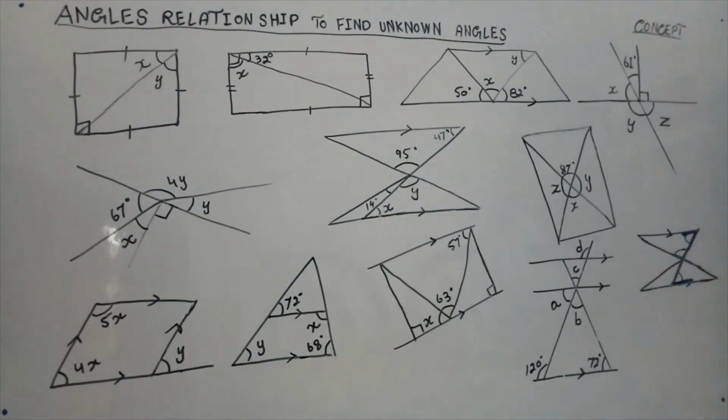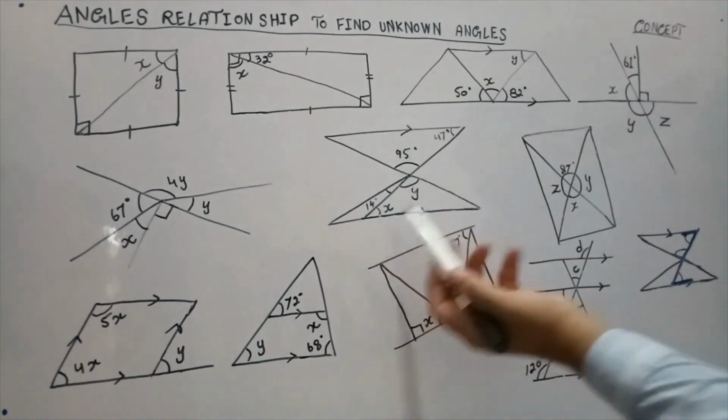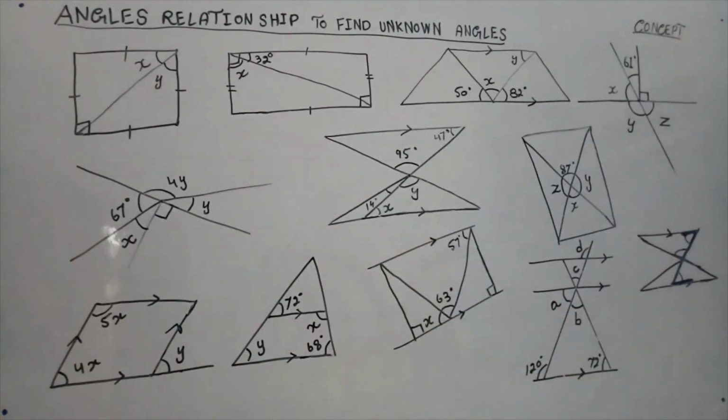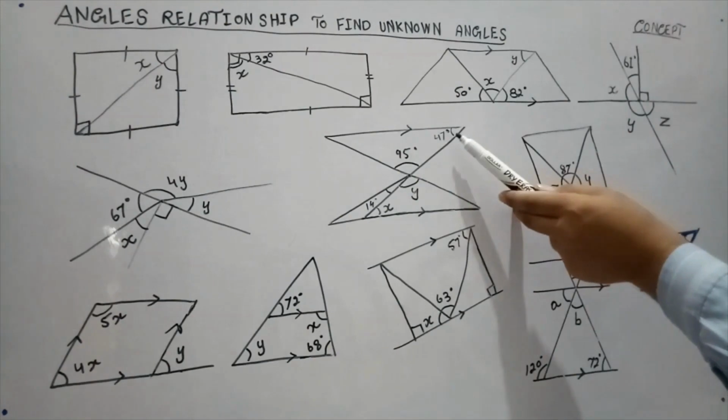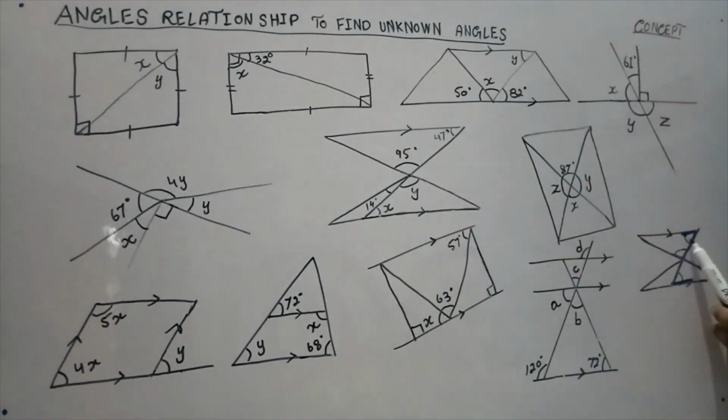We have to find the value of x here, and to find this angle we must know this angle. So this is actually 47 degrees. You can see here 47 degrees.